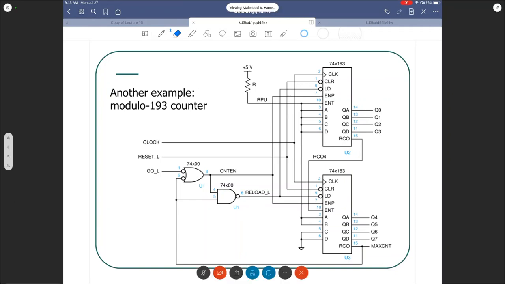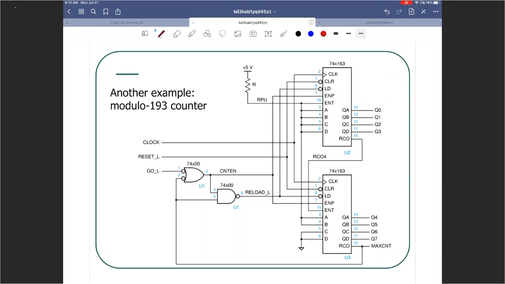So the way we are designing this modulo 193 counter is by going from, let us see what we are loading. We are loading over here A, B, C, D, all connected to 1. Over here, A and B are connected to 1, 1. These two are 0, 0.